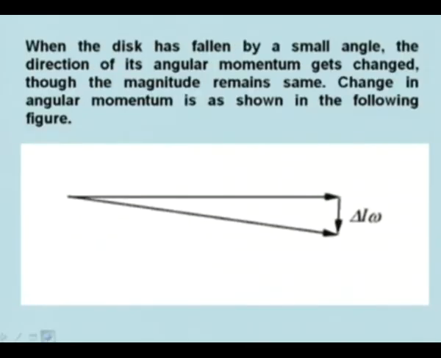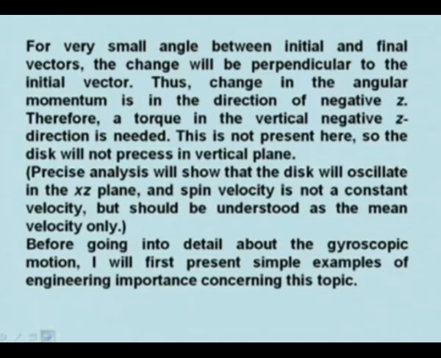When the disc has fallen by a small angle, the direction of its angular momentum changes, though the magnitude remains the same. The change in angular momentum is as shown in the following figure. So this is delta I omega. For a very small angle between the initial and final vectors, the change will be perpendicular to the initial vector.